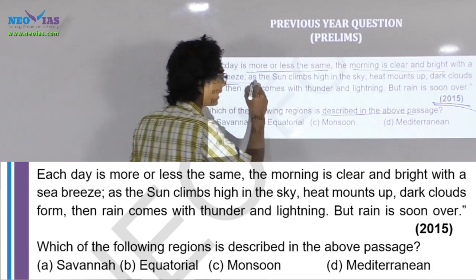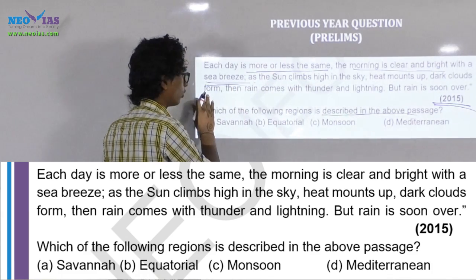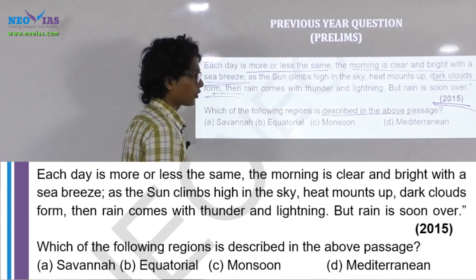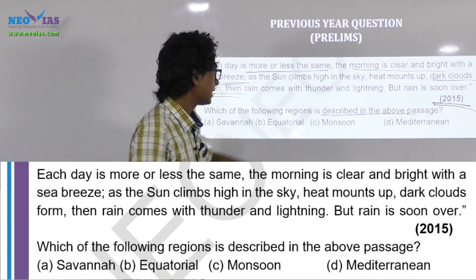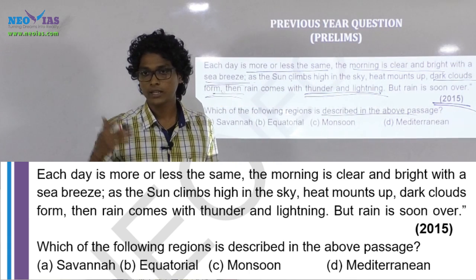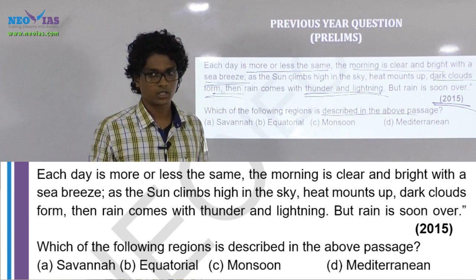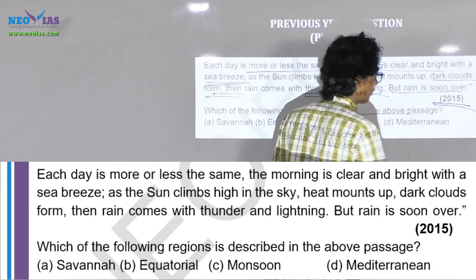As the sun climbs high in the sky, heat mounts up, dark clouds form. These dark clouds mean cumulonimbus clouds mostly, and then rain comes with thunder and lightning. Thunder and lightning are always associated with cumulonimbus cloud formation, which we have already seen, right? But rain is soon over.